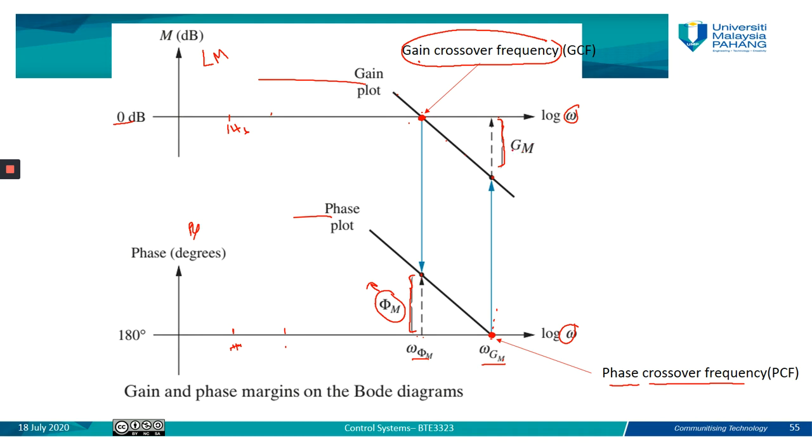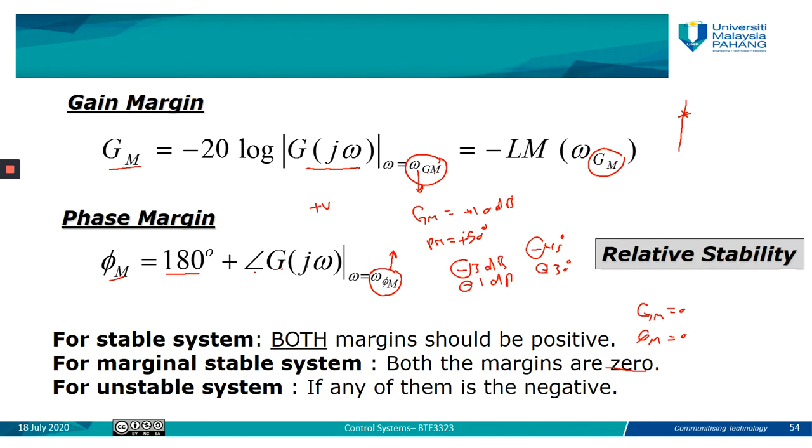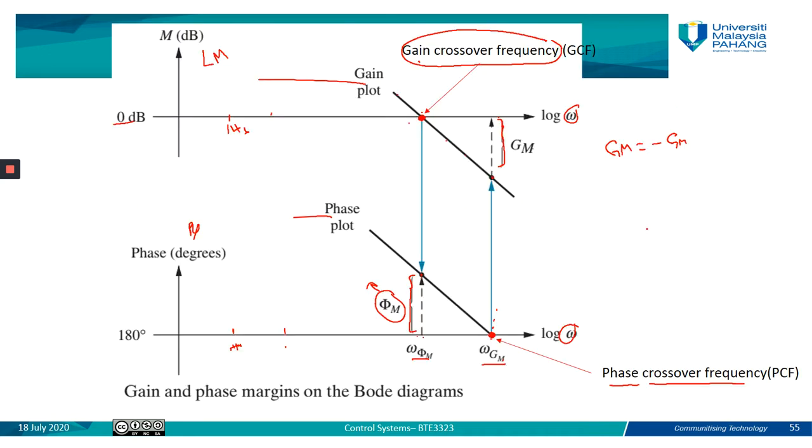After we find this value, we are going to apply our formula. We said gain margin equals negative the value of this GM. According to this formula, gain margin will equal the negative of the value of the log magnitude at the phase crossover frequency.